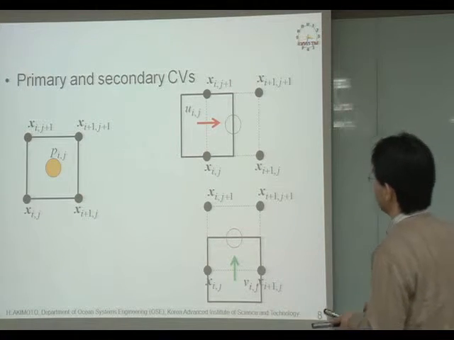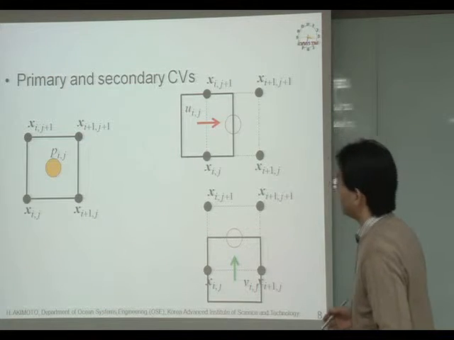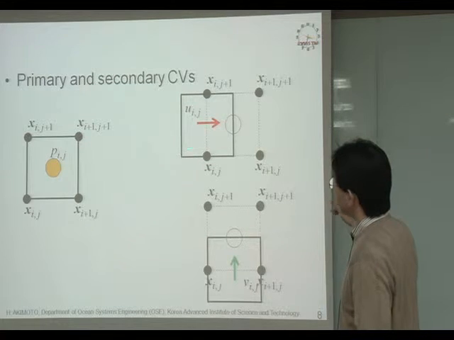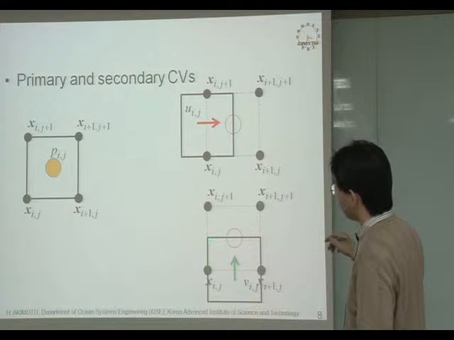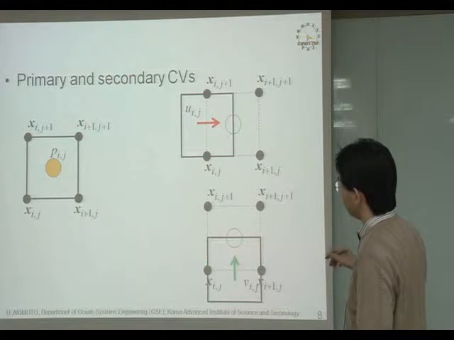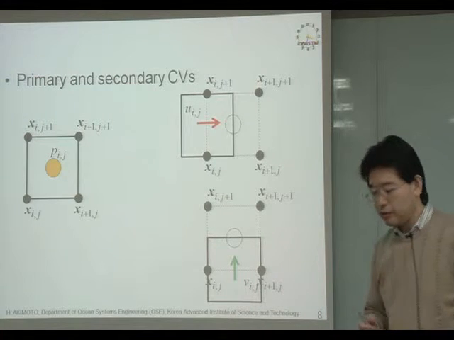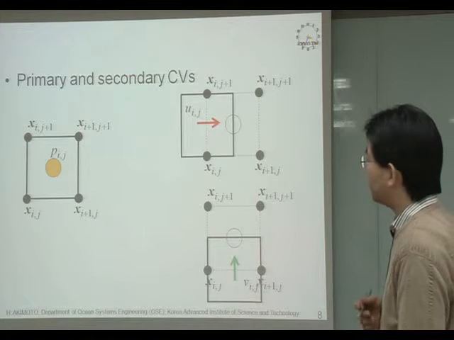Go back to this slide again. There are two secondary volumes. One is for the U component, the other is for the V component. So we have to consider this condition when applying boundary conditions.